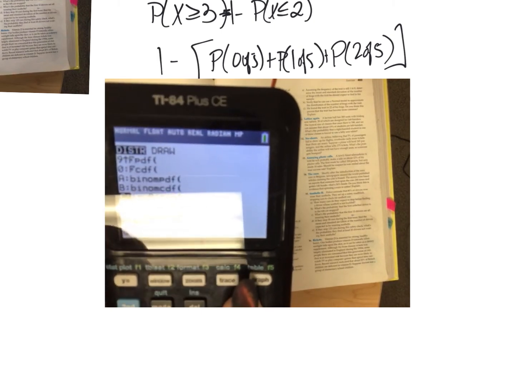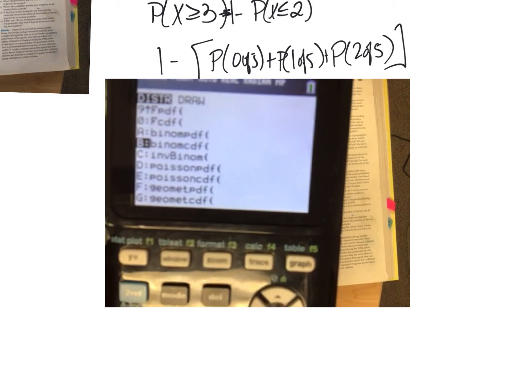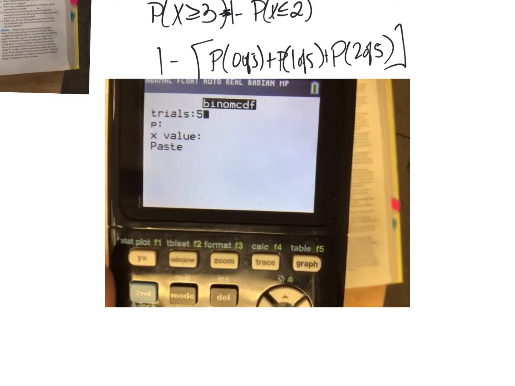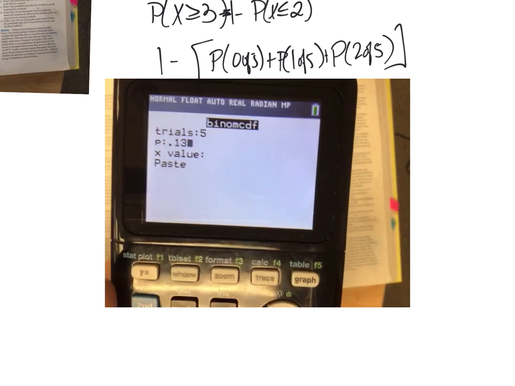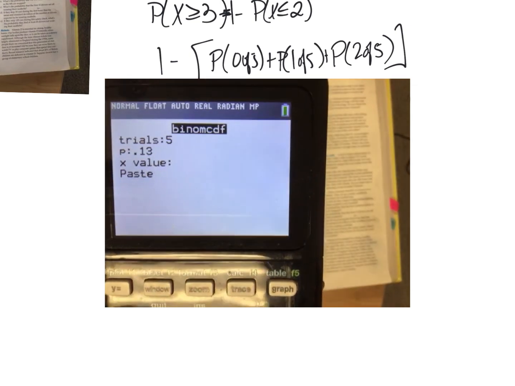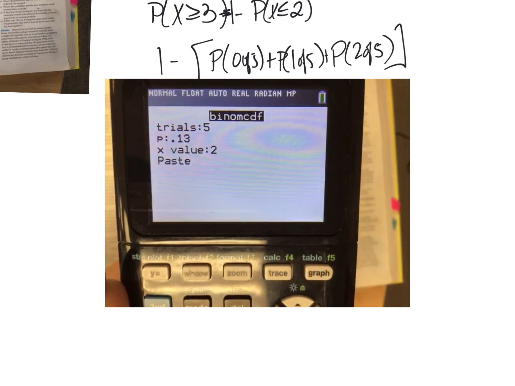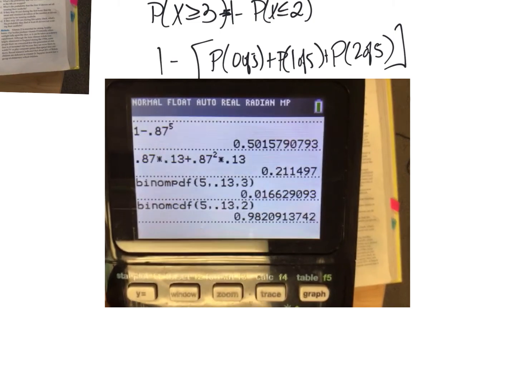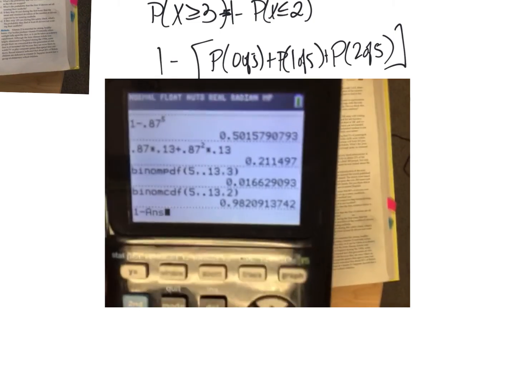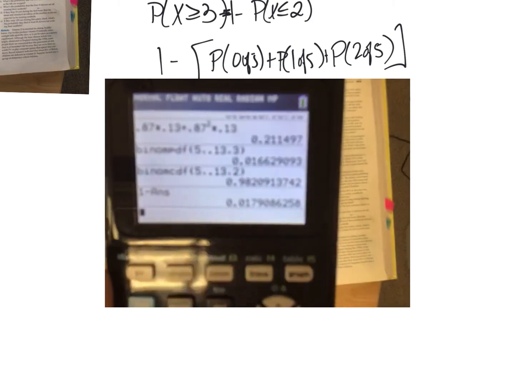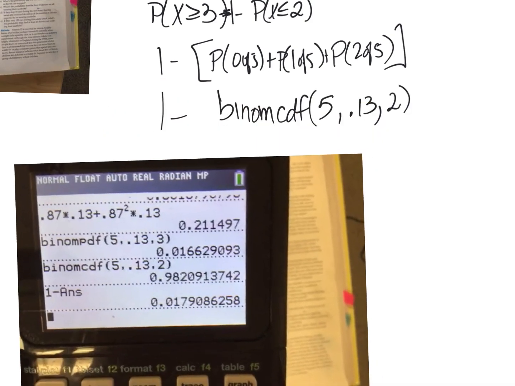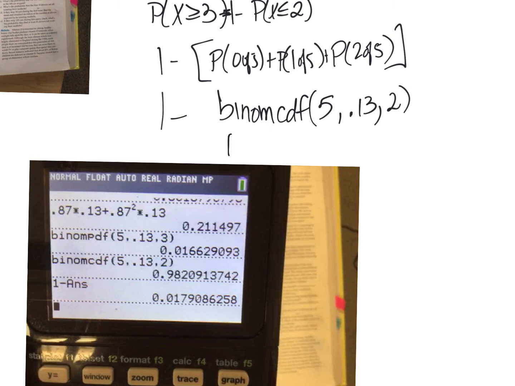Go up to binomCDF. Trials are 5. P is 0.13. It looks the same. The information I plug in is the same, whether it's CDF or PDF. So 1 minus that answer is 0.0179. So this is 1 minus 0.9821, which is 0.0179.